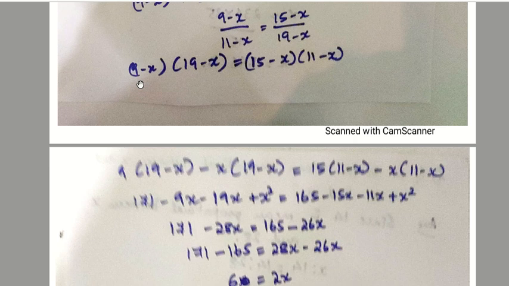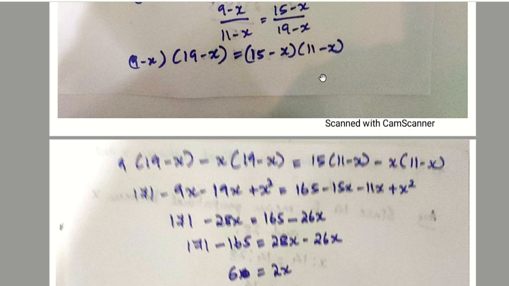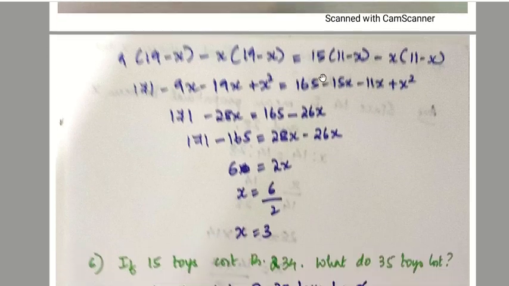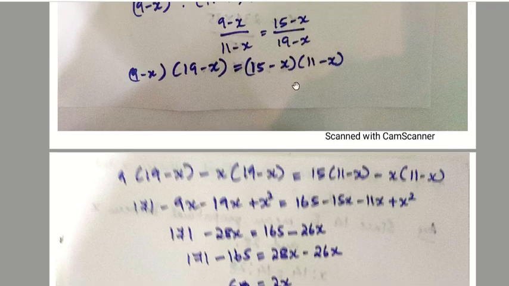When you cross multiply, 9 minus x into 19 minus x is equal to 15 minus x into 11 minus x. So when you solve it out, you take one of the brackets and multiply it with the other.